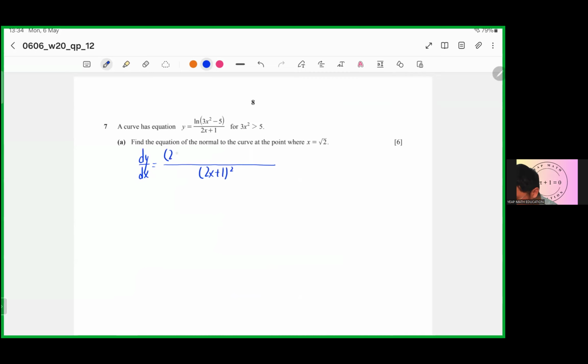So 2x plus 1, and then here we put 3x squared minus 5, and then we get 6x, and then minus 2 ln(3x squared minus 5).